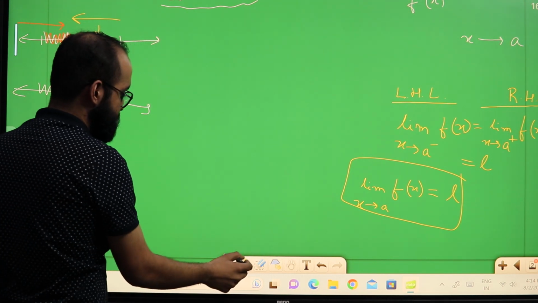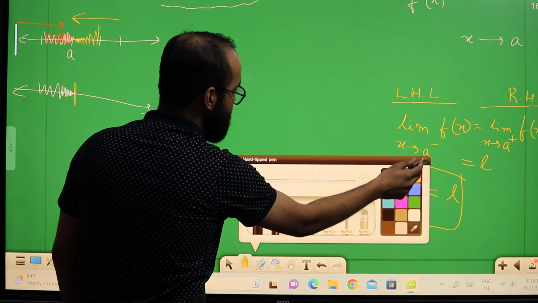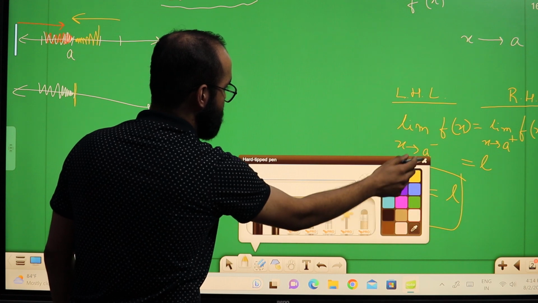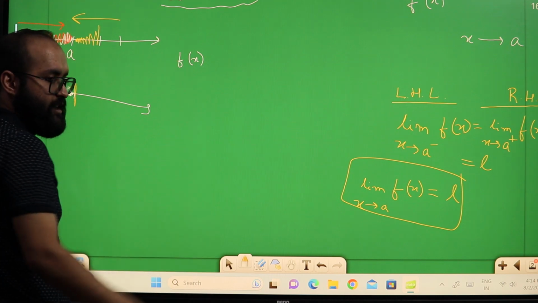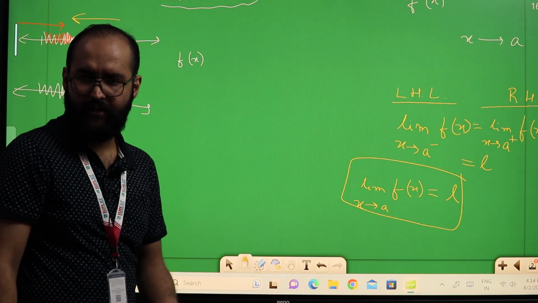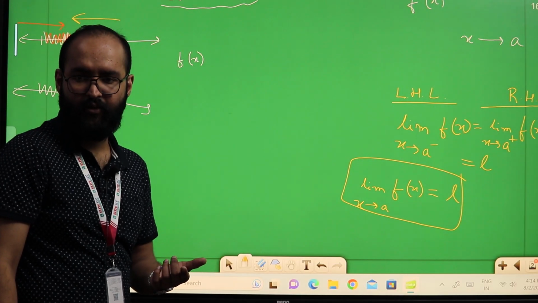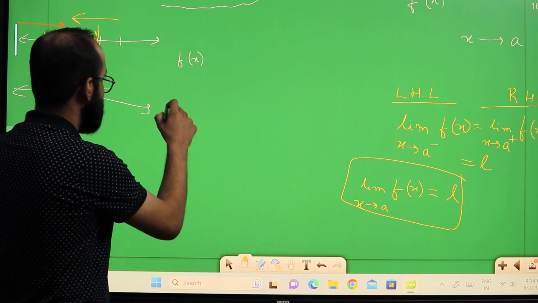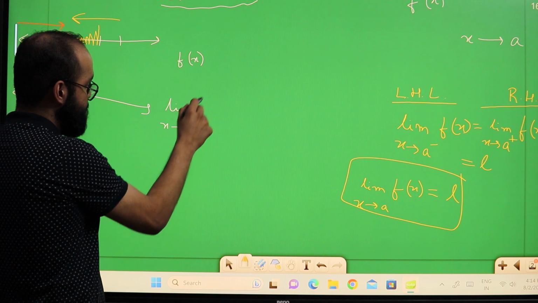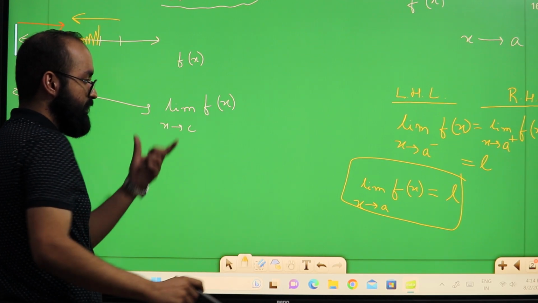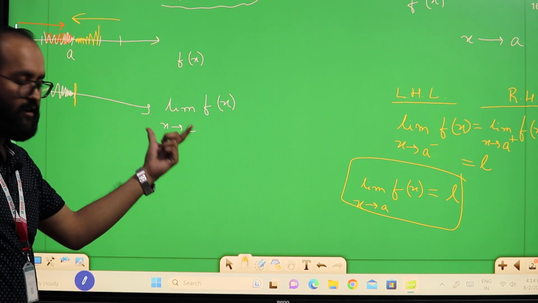A function f(x) is said to be continuous at a point, say c. When is it said to be continuous? If the limit as x tends to c of f(x) exists.